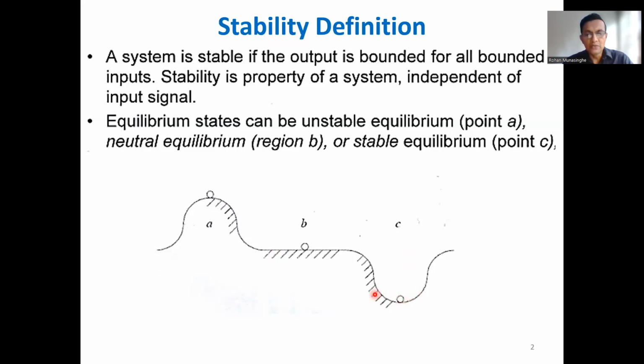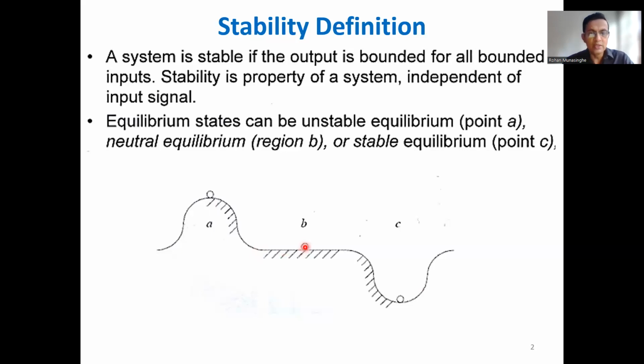And if you select your point as you can see over here, C, and you perturb it left or right, it will always come back to the stable point, right? This is exactly opposite of what you would experience when you place the object over here. And yet another scenario, if you place the object somewhere around B, which is a perfectly flat plane, the object will stay there wherever you place it.